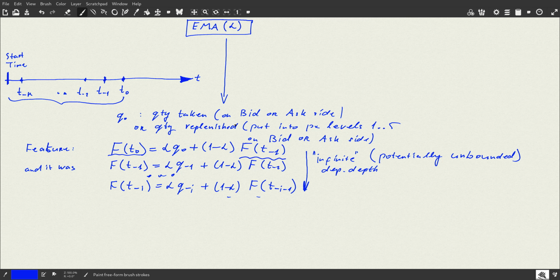Your dependency on previous values, although it does exist, is diminishing over time because all those coefficients 1 minus alpha are less than 1, and eventually the contribution of distant historical parts becomes smaller and smaller until it is practically nil, but mathematically you still have, theoretically speaking, dependency on the whole previous history.